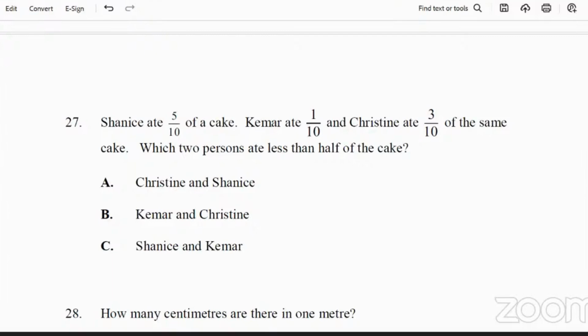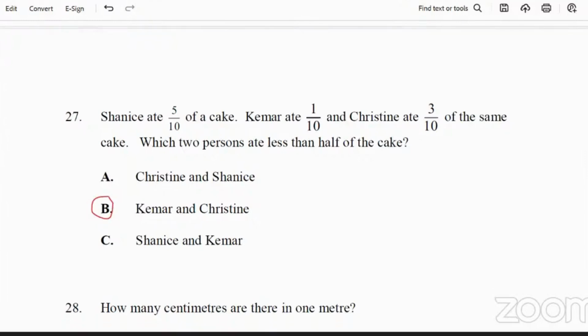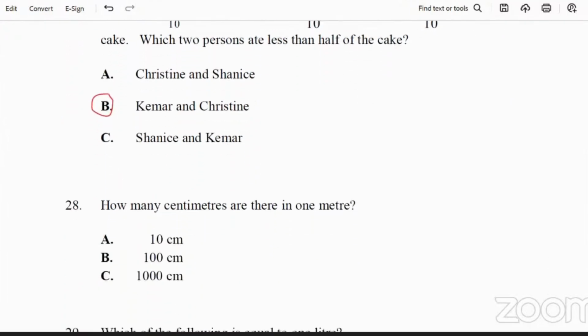Kamar ate 1 out of 10, just 1 slice out of 10 slices, and Christine ate 3. So if you combine what Kamar and Christine ate, that's 4 slices out of 10. That's still not a half. So the 2 persons who ate less than half of the cake would be Kamar and Christine. The answer is B. Shanice ate half the cake by herself. So she ate 5 out of 10 slices, that's half of the cake.